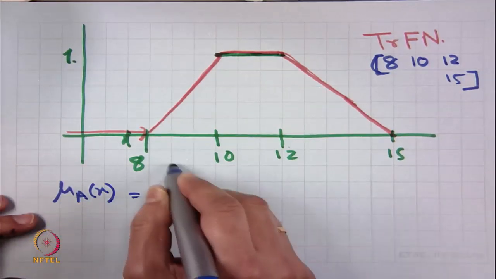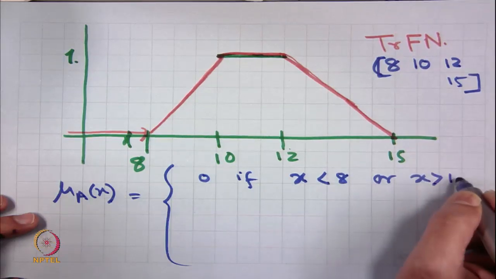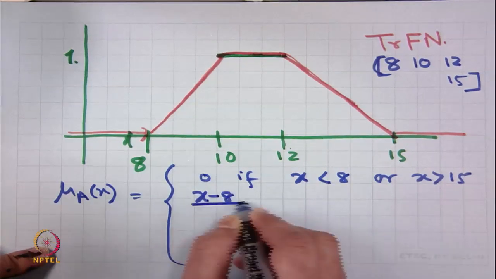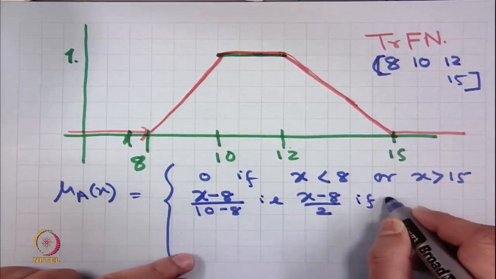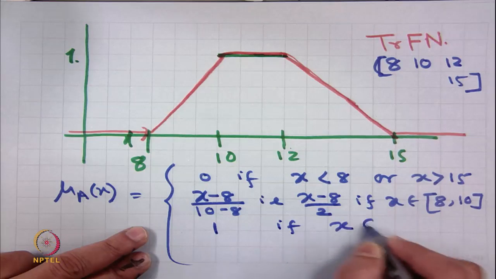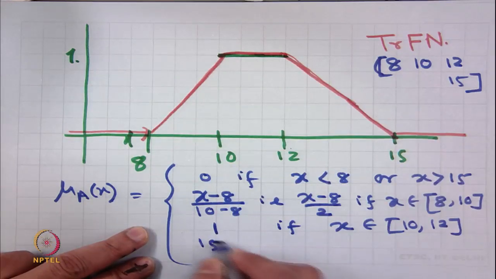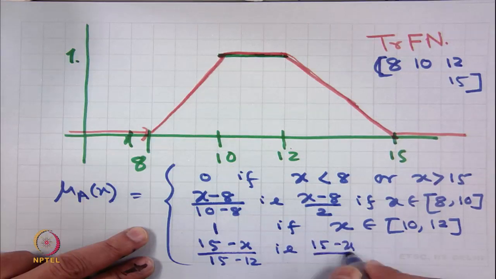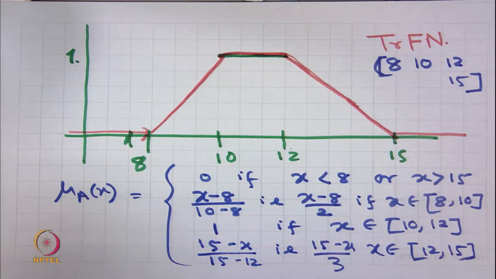Mu a x is equal to 0 if x less than 8 or x greater than 15, is equal to x minus 8 upon 10 minus 8, that is x minus 8 by 2 if x belongs to 8, 10, is equal to 1 if x belongs to 10, 12, and it is 15 minus x upon 15 minus 12, that is 15 minus x upon 3 for x belonging to 12, 15 and 0 if x is greater than 15.